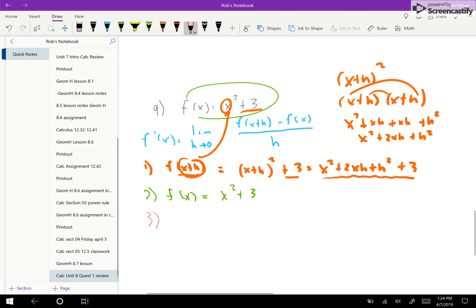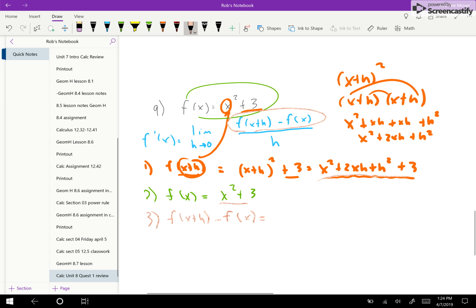Next line is actually we're finding the difference of those two lines, right? We're going to subtract the first line minus the second line. So f of x plus h minus f of x. I have you do all this separately because you guys get confused when you have it all together. We've done this at least 10 times in class and on homework, probably another 5 or 6 times, okay?